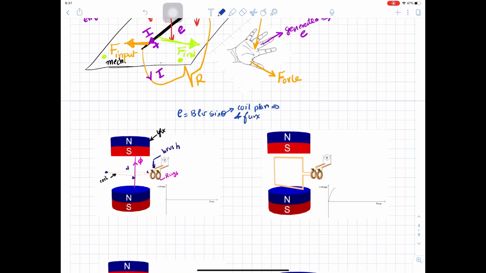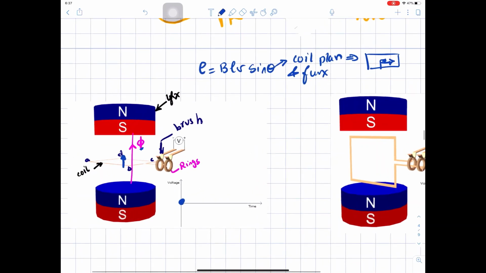The coil plane angle is a perpendicular vector to the plane. So here the coil is horizontal, so its vector is going up. The angle between the coil direction and the flux is 0, which will give us a voltage 0. So when this coil is horizontal, we are generating a 0 voltage, so E equals 0.